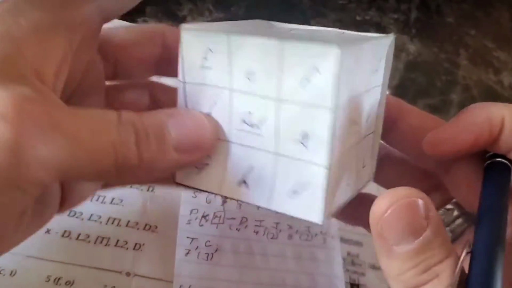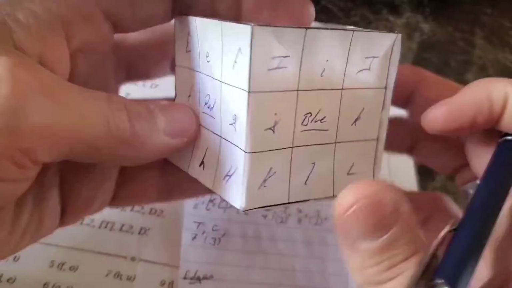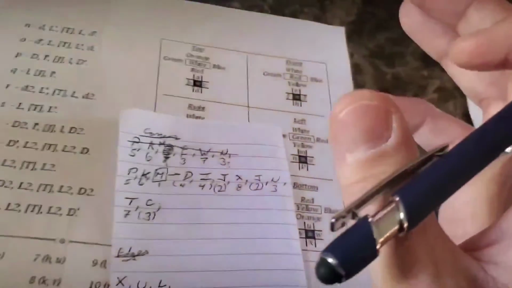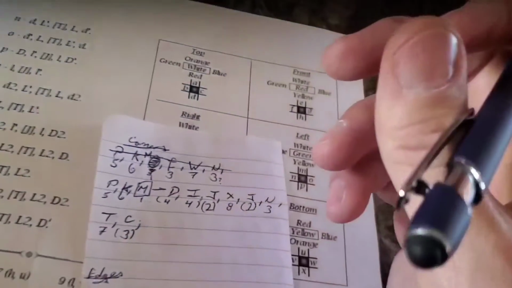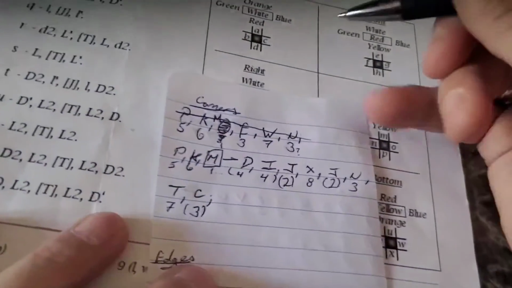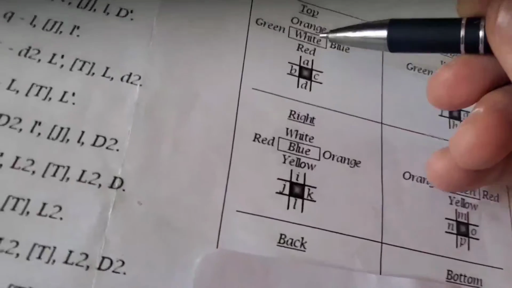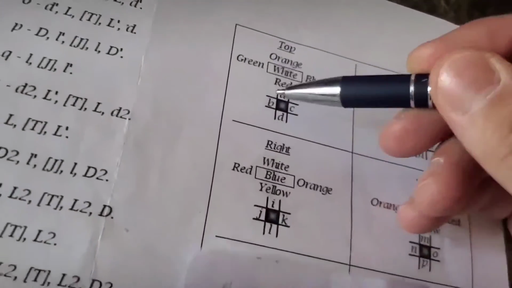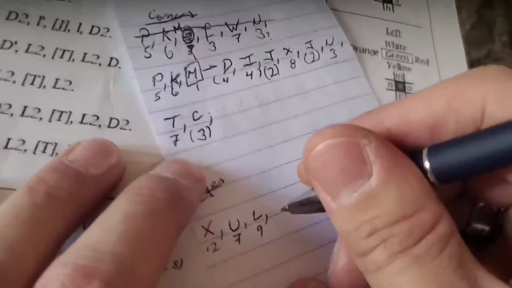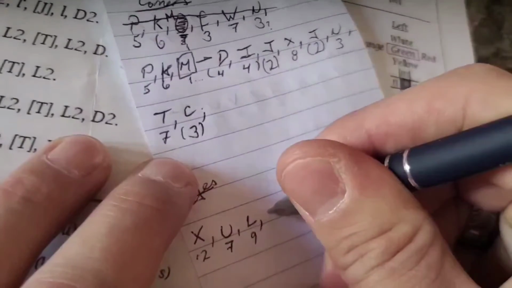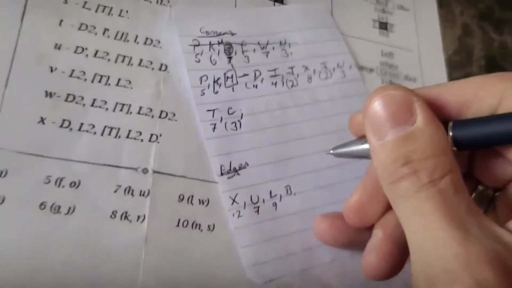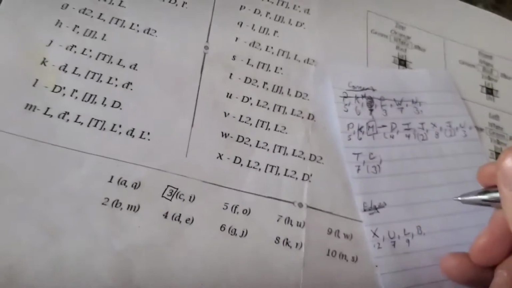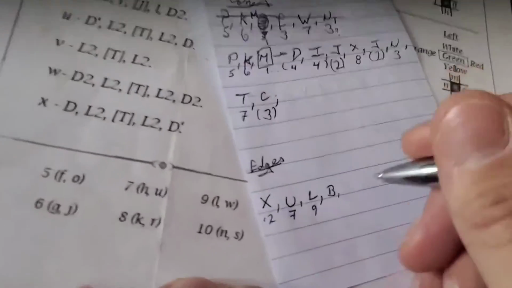So we look at L on this one. Right there. And there we have white, green. White, green is B. B is in the 2nd position.